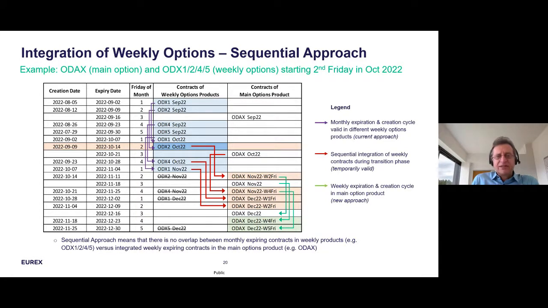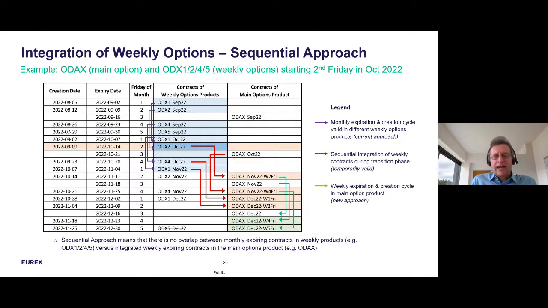ODX2, the same. September 22 means they are expiring on the second Friday, and once they are expired, then the second Friday of October contracts are created. So that's the scheme which is currently in place and which is clearly a workaround, because it's definitely monthly expiring option contracts in weekly option products.